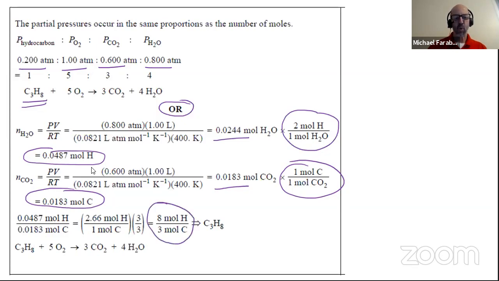So 0.0183 on the bottom for moles of carbon, 0.0487 on the top for moles of hydrogen, and then they turned that, which was roughly a 2.66 or 2.67 to 1 ratio, into a whole number because you can't have a fraction of an atom. So this roughly 2 2/3 to 1 ratio became an 8:3 ratio. And so they got their formula of their hydrocarbon.